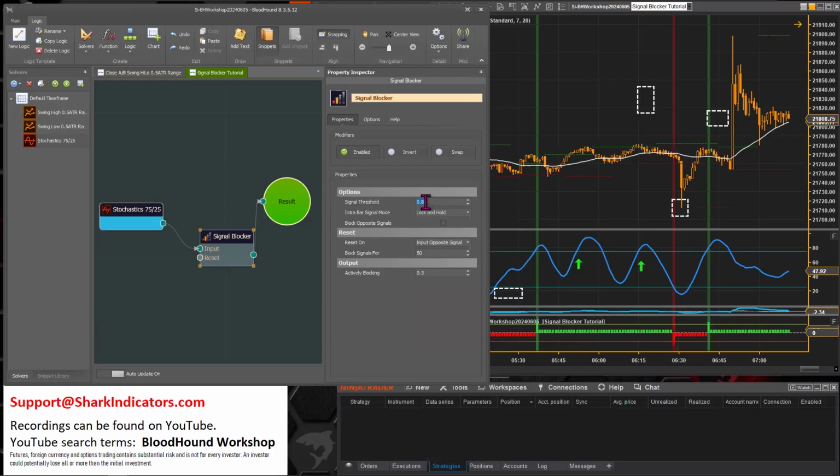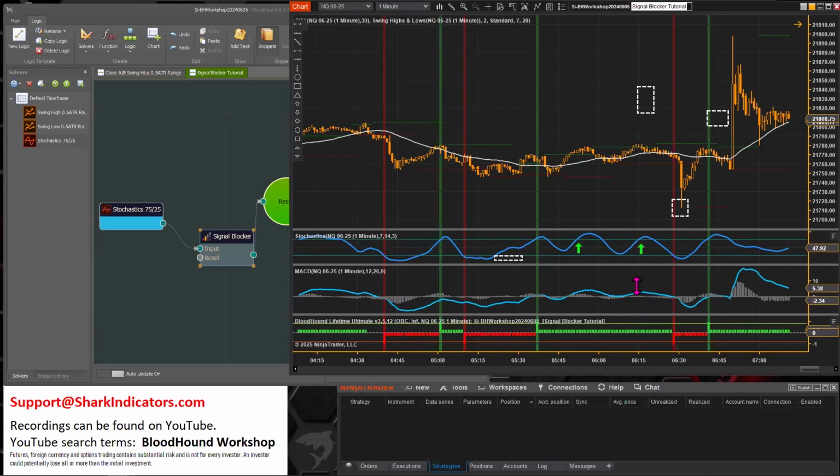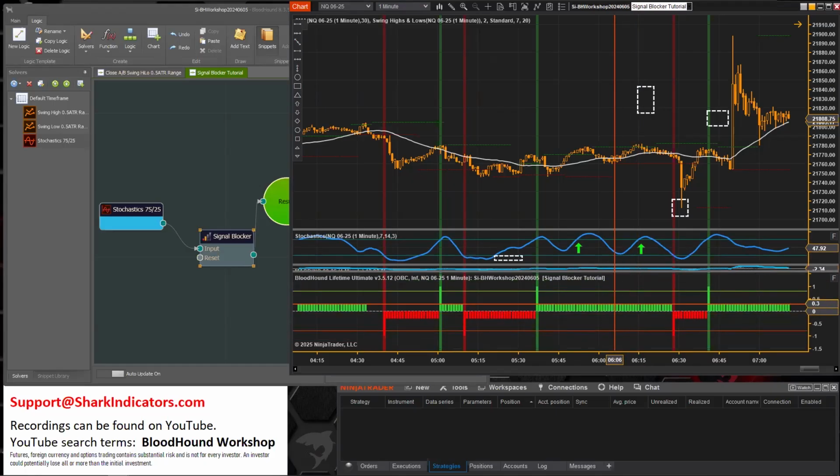So what is this referring to? Well, it is referring to, and I'm going to stretch this open here, these two lines here.